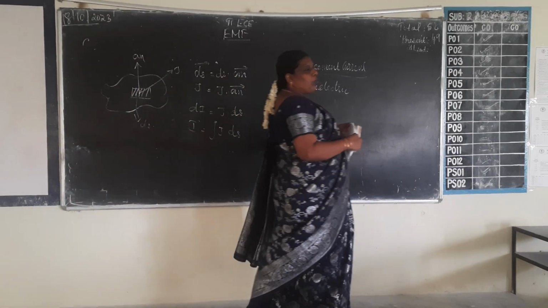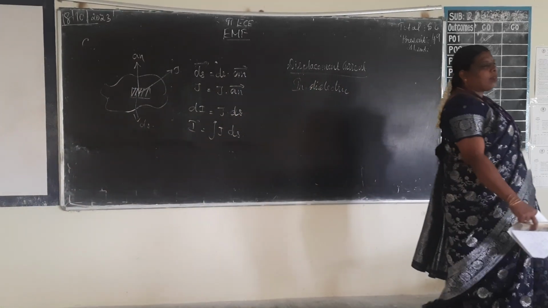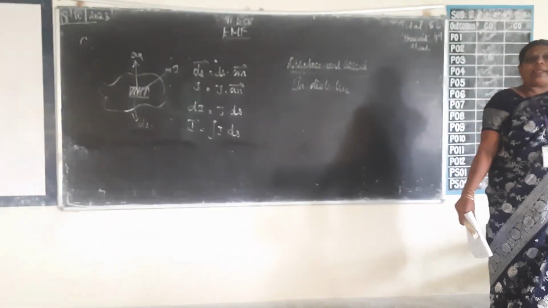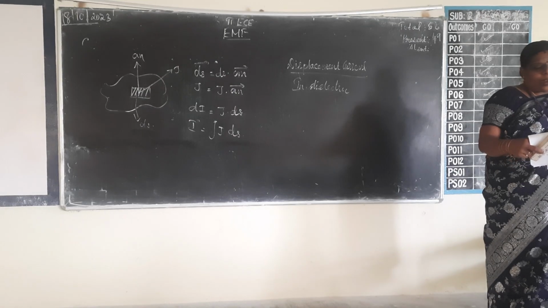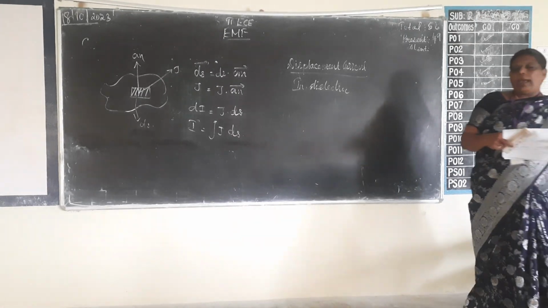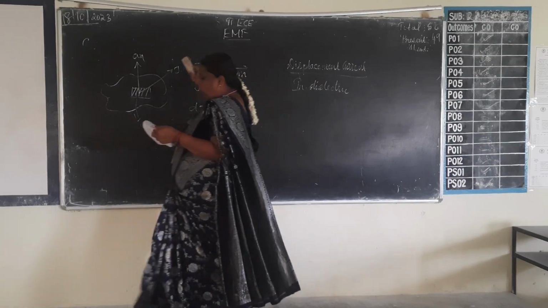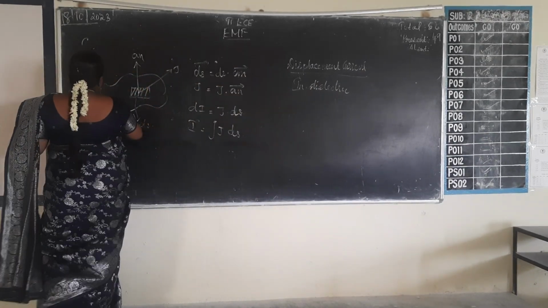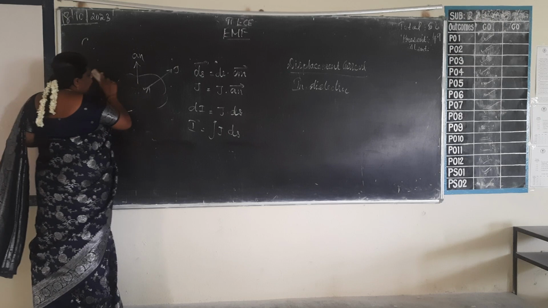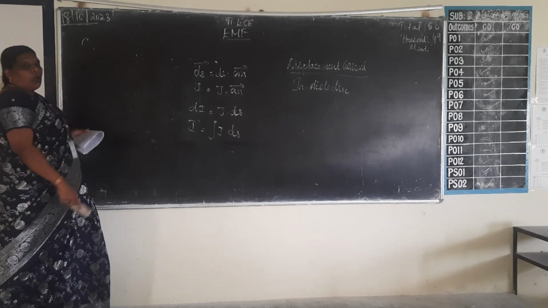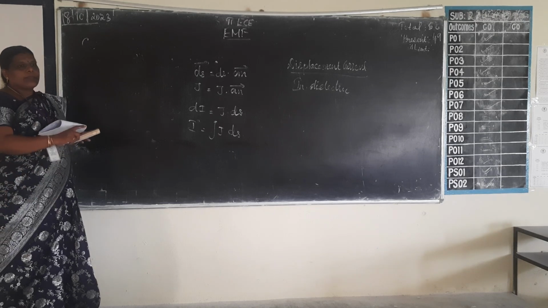Now, the angle between J and ds is not 90 degrees, and it depends upon the dot product of J dot ds.